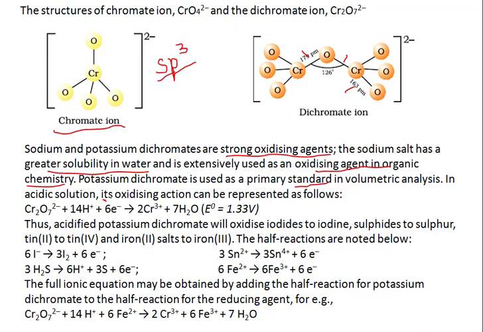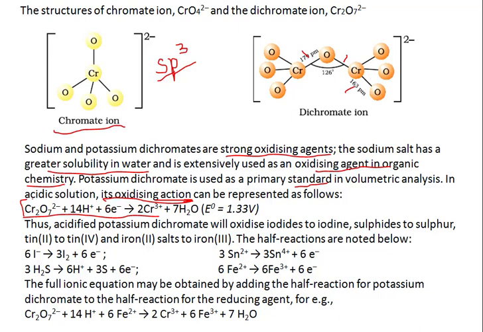Now the most important part, its oxidizing action. The main equation for the oxidizing nature of potassium dichromate is this: the dichromate ion in acidic medium gains 6 electrons.